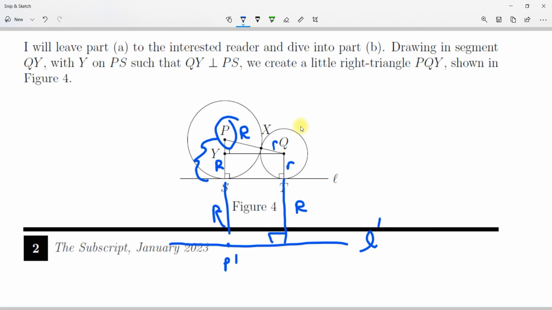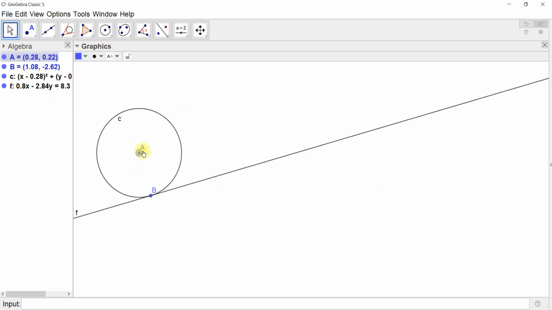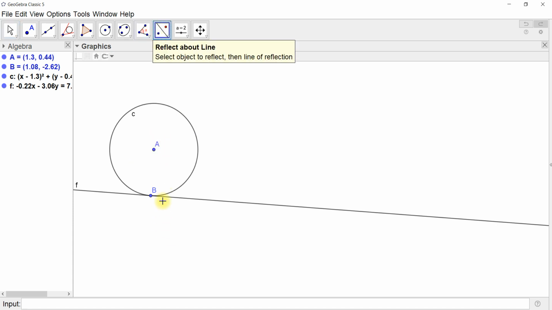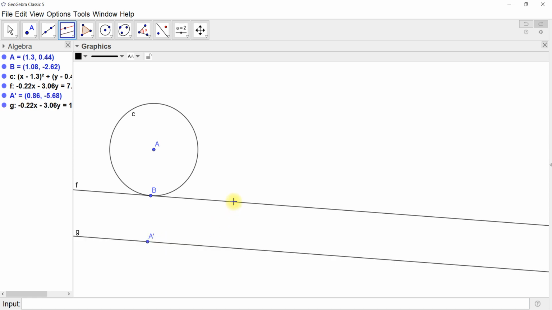All right, so let's do that then. So we saw that this is our R, there's our line. So I'm going to reflect this point across this line to get a new point. I'm going to create a parallel line, a line that goes through this point and is parallel to this line.